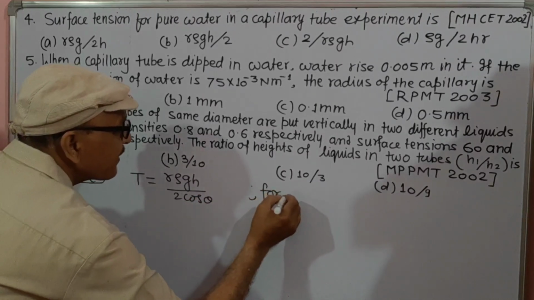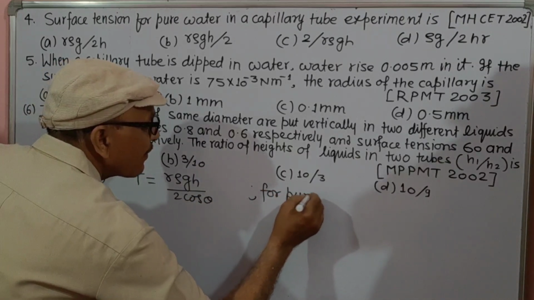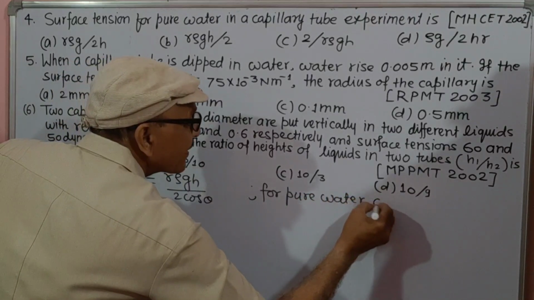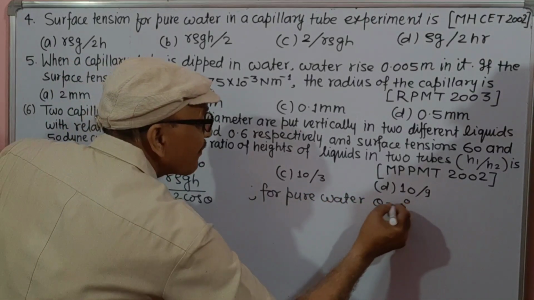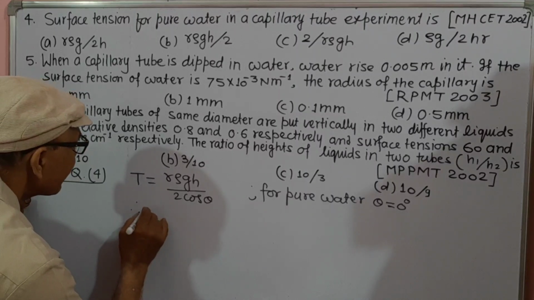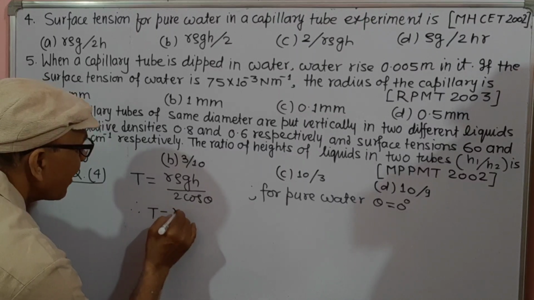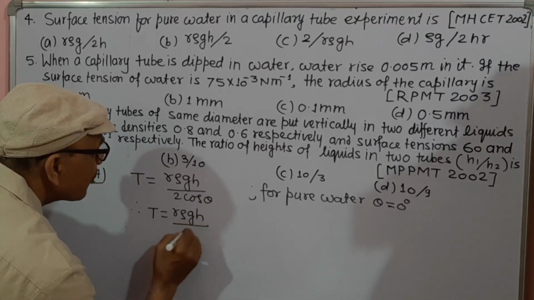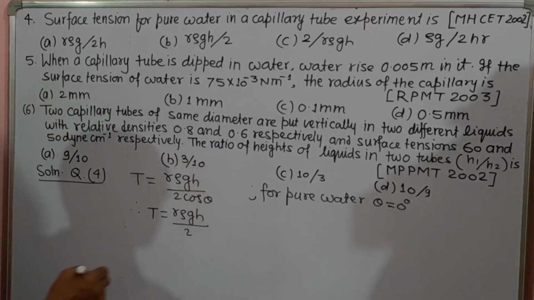For pure water, theta is 0 degree. Therefore, above equation becomes T is equal to r rho g h upon 2, because cos 0 is 1. So the correct option is r rho g h upon 2, option B.